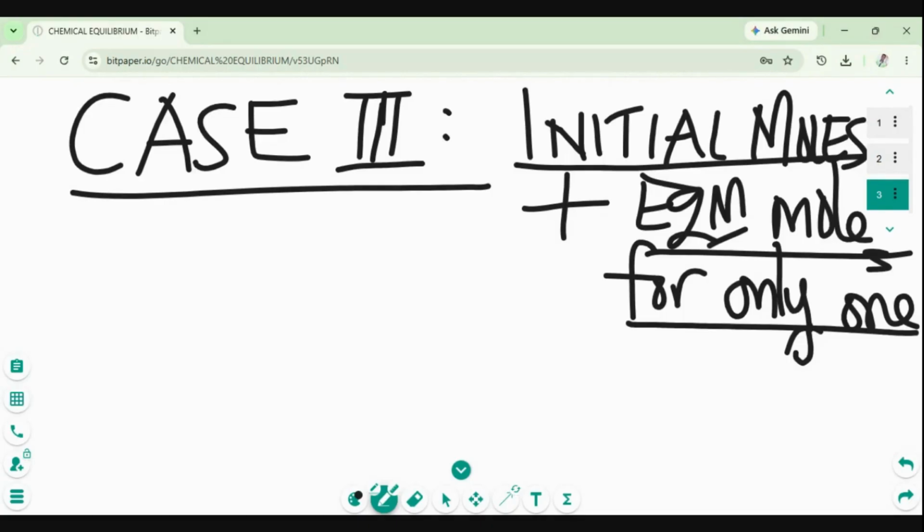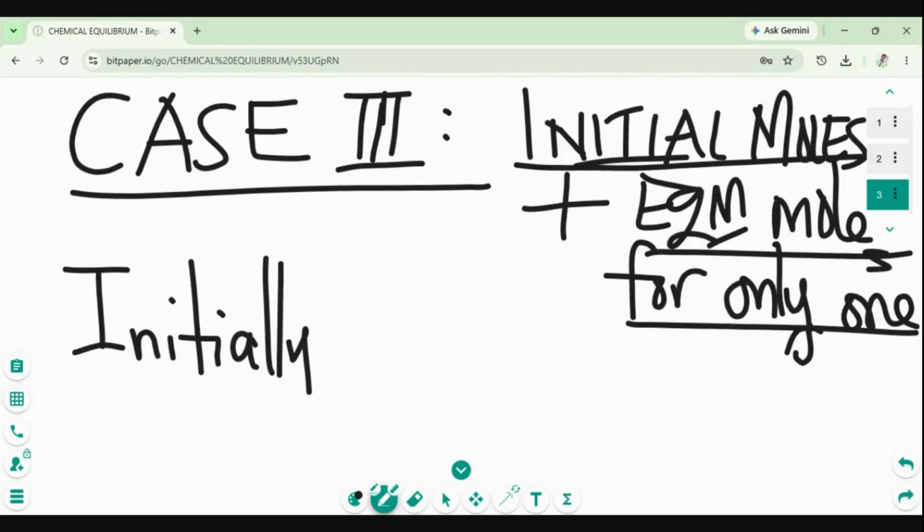How do you go about such a scenario? So let's pick a case example. This time I'll use the mole ratio that usually disturbs learners. I'll use nitrogen. Let's say our question says, initially, what do you have?